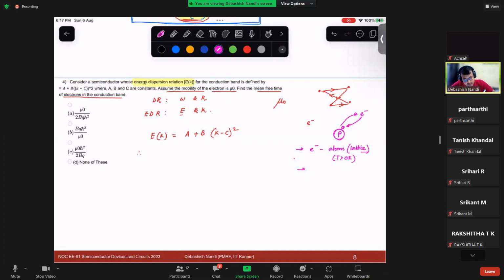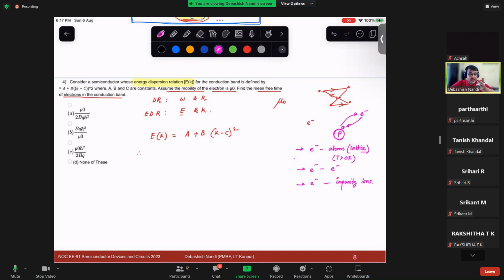Similarly, an electron can collide with other electrons also. It cannot really collide, but it can repel and change path. Electron-electron scattering is also possible. Then it can collide with impurity ions, the dopant ions.